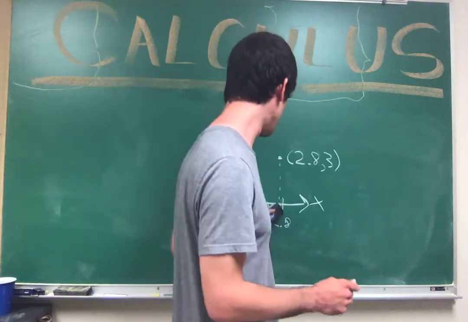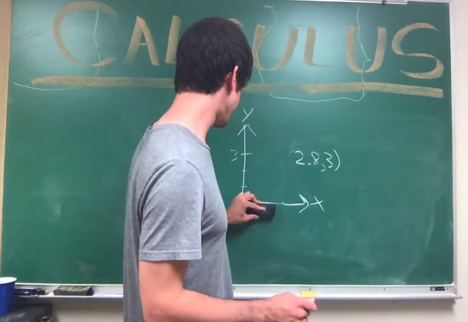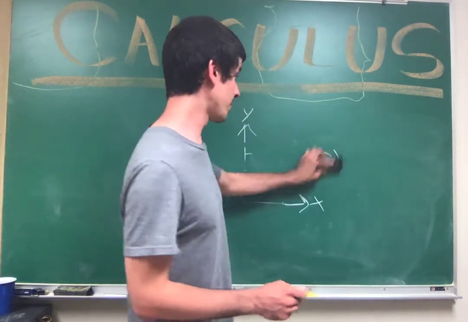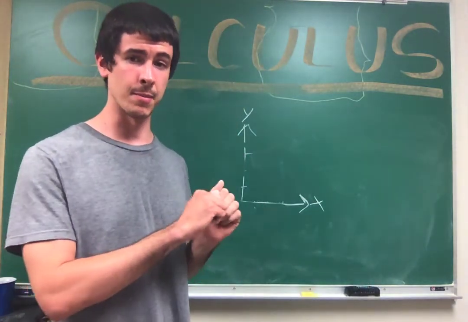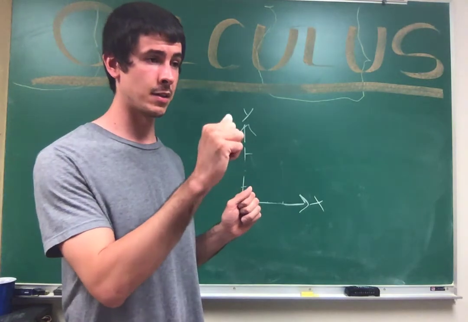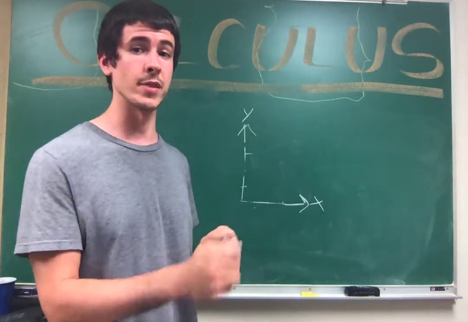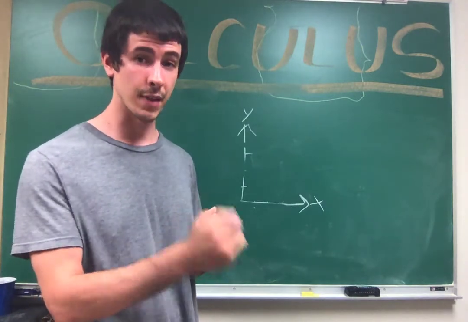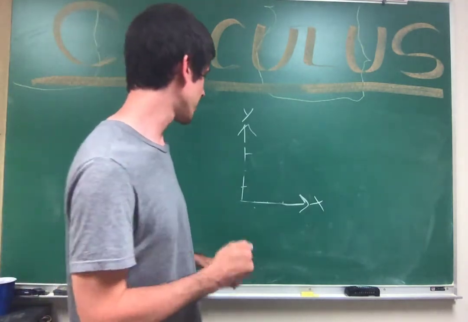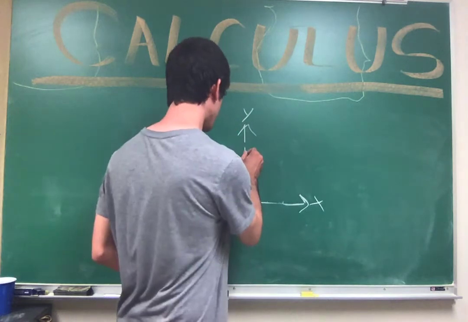So we can represent these functions that we've talked about before. We talked about distance traveled as a function of time traveled. We talked about the area of a square as a function of the length of a square. And we could graph any of these quantities here.